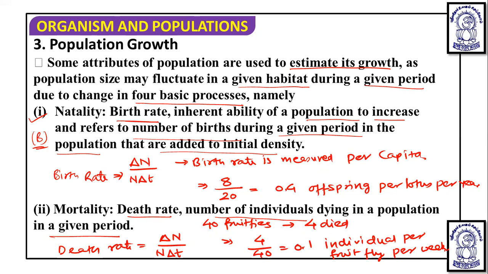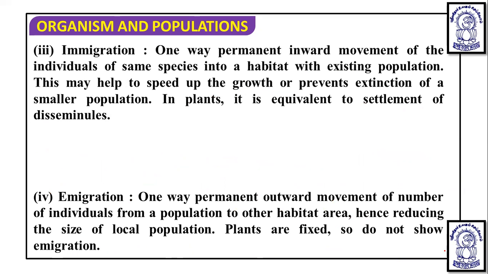Now after this, another characteristic is immigration. Immigration is a one-way permanent inward movement of individuals. Inward movement means if some people are coming from Australia to India, that is immigration. But if we are going from India to Australia, then it is emigration.